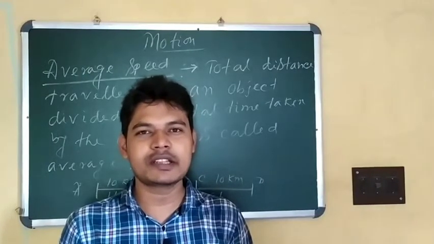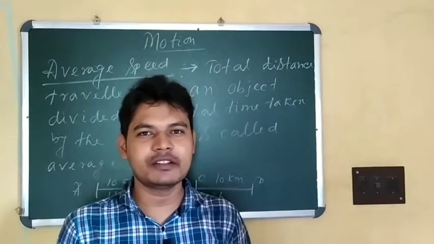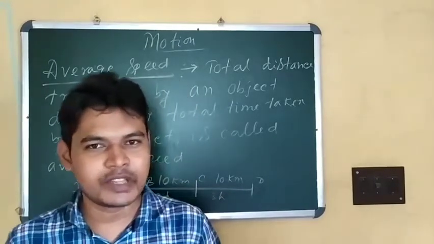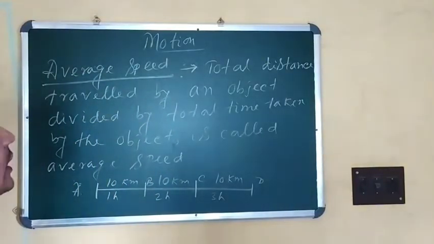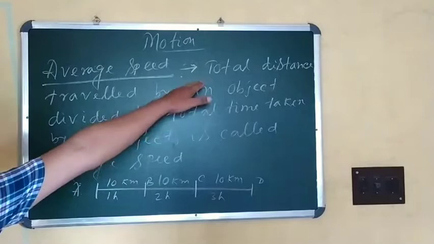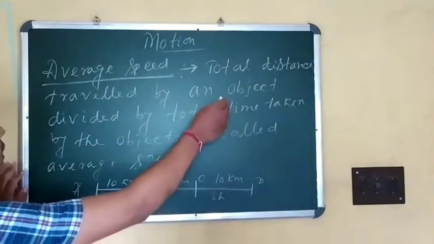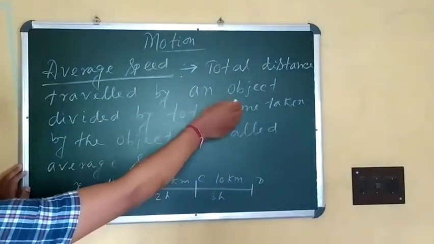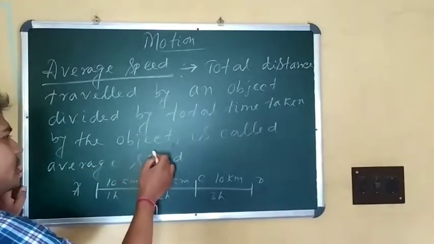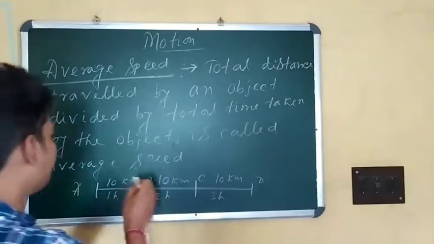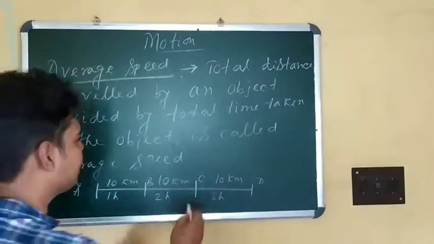Today we will discuss the average speed and velocity. So let's start. At first we will discuss the average speed. You can see that is the definition. I have already written this. Total distance traveled by an object divided by total time taken by the object is called average speed of the object.